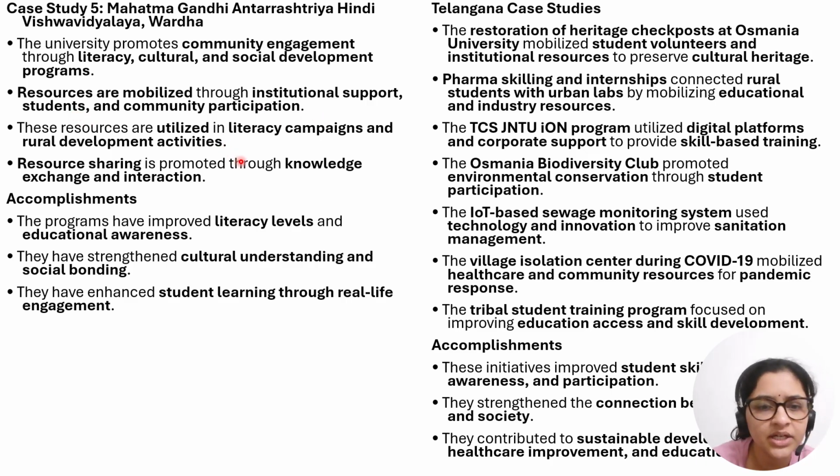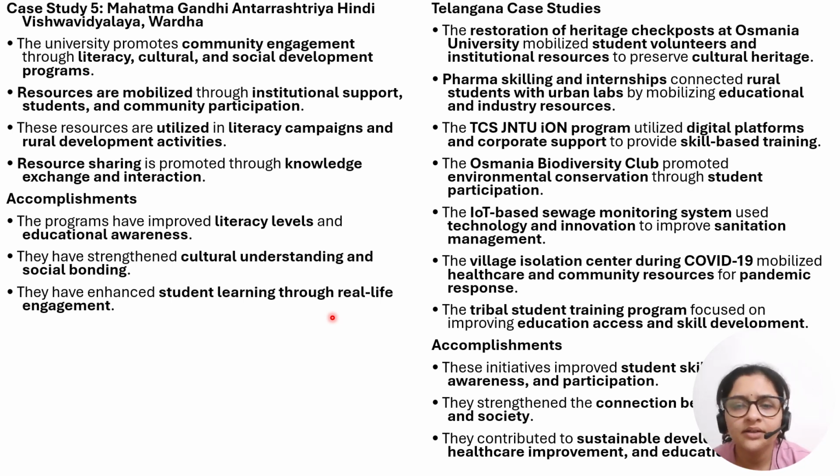Resource utilization in literacy campaigns and rural developmental activities, and resource sharing has happened through knowledge exchange and interaction. And various accomplishments of this include improved literacy levels, educational awareness, and have strengthened cultural understanding and social bonding, and have enhanced student learning through real life engagement.